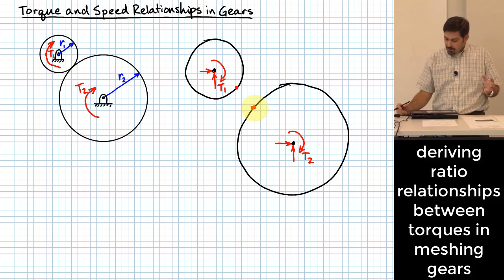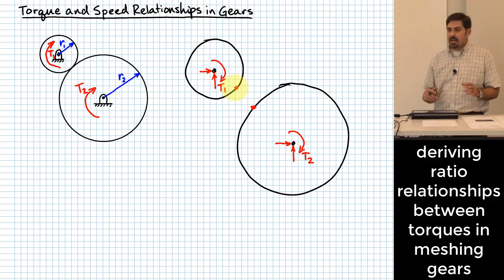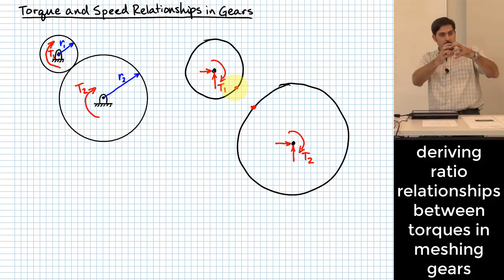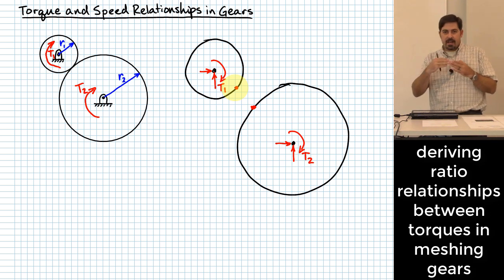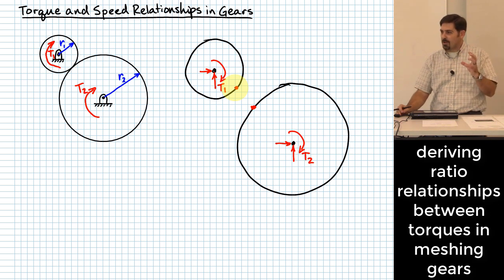And I'll actually spare you a little bit and let you know that the real nature of the force between real gears has both a normal component that would try to push the two gears apart, as well as a tangential component that actually does the transmission of torque. For now, I'm going to let you ignore the normal component of force acting right here, because it's not that important to what we're trying to accomplish with this talk, okay?